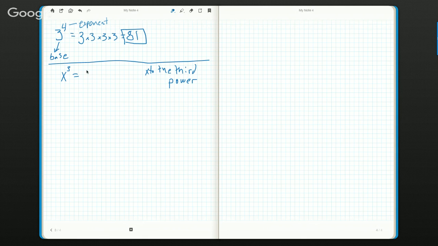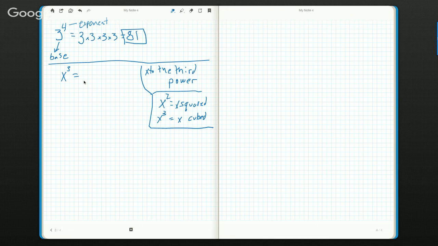There's special words for x to the 2nd and x to the 3rd power. We could say x to the 2nd power or x to the 3rd power, but this is also called x squared, and this is called x cubed. So if you hear me say x squared or x cubed, that's simply shorthand for x to the 2nd or x to the 3rd power.